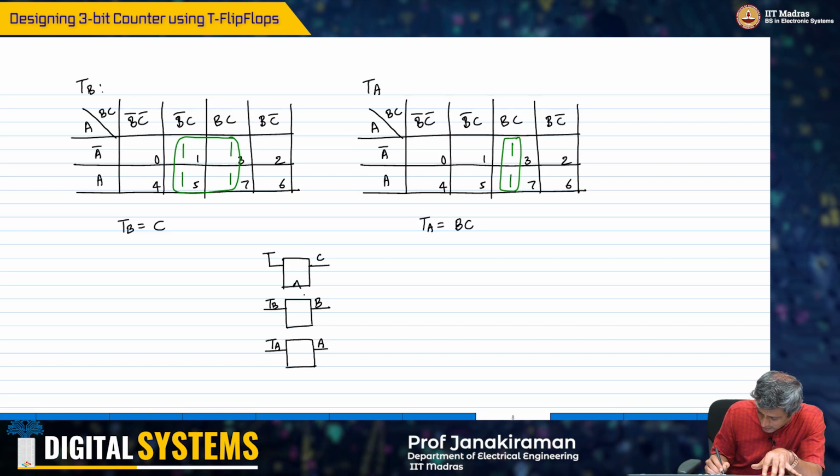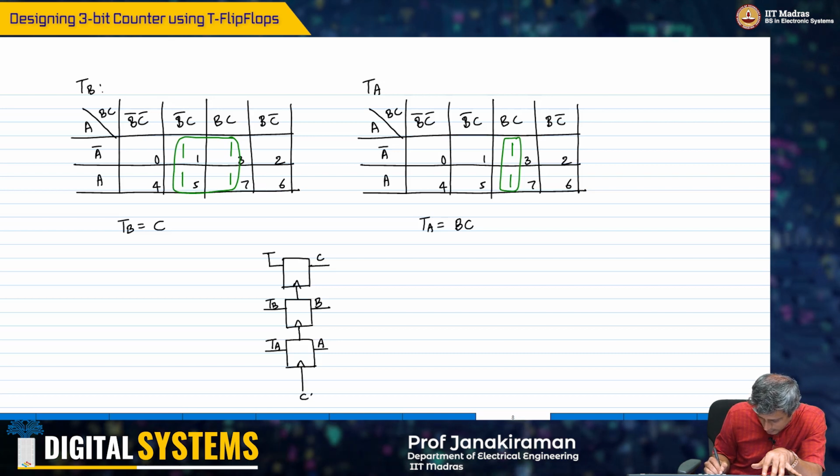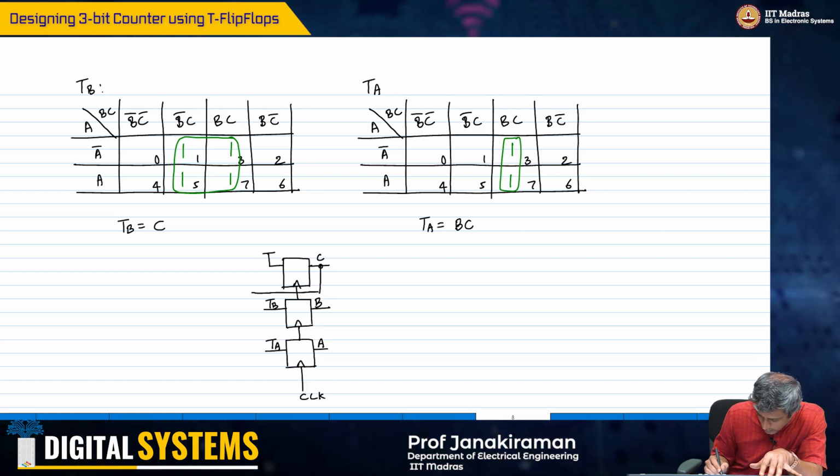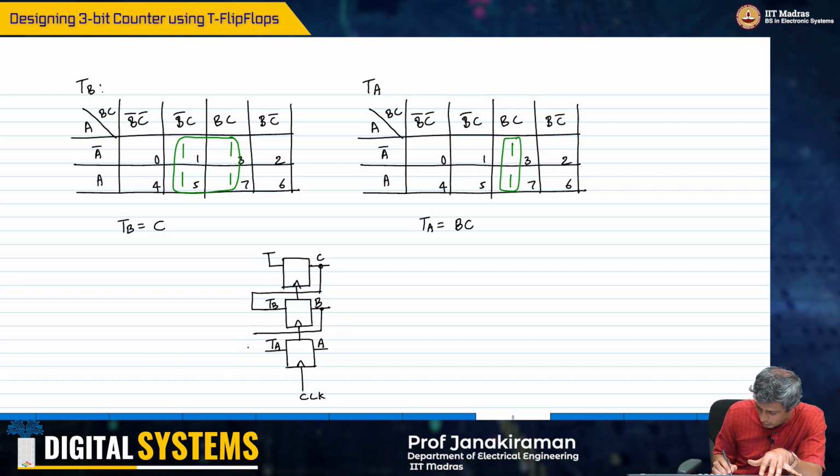So if you look at this, the clocks, I will show it as running underneath like this to not clutter the diagram. TB is like this, TA is just B and C.